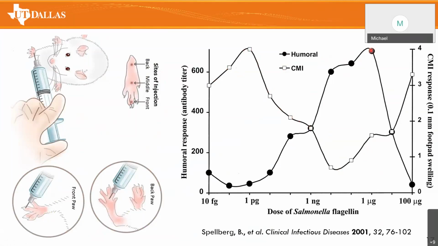And so what they reason is your body prefers a humoral response over a cell-mediated immunity response. This is because in a cell-mediated immunity response, your body tends to attack infected cells.